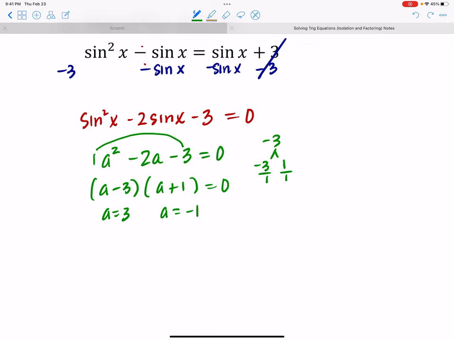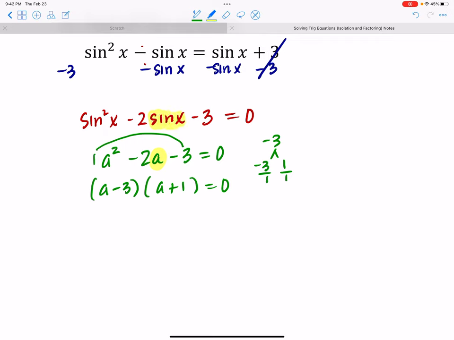Okay, so let me just back this up a second. Let me put my trig equation in the factored form. So remember what we did in the very beginning. I used a little bit of substitution so that I can wrap my brain around how I'm factoring. I put a and a squared into the picture. A replaced the sine of x.